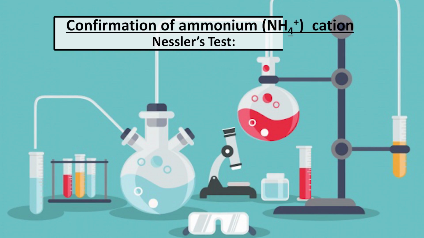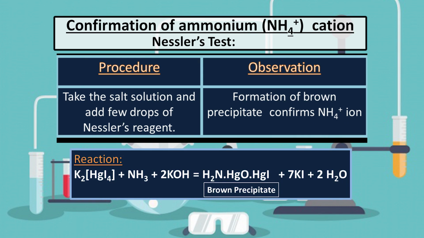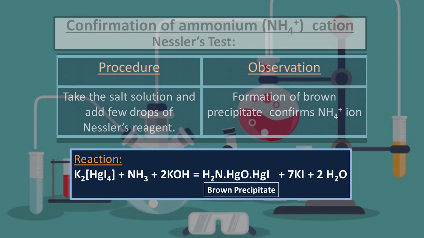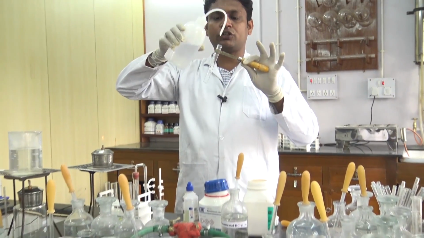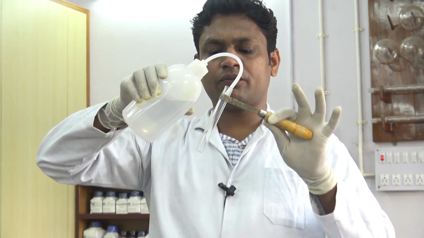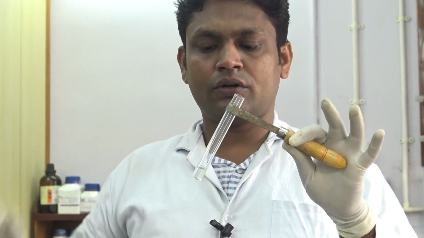Another confirmatory test for the ammonium ion is Nessler's test. Since ammonium ion cannot be detected in the group separation tables, it is confirmed by this Nessler's test. For this test, we prepare a salt solution by dissolving it in distilled water.